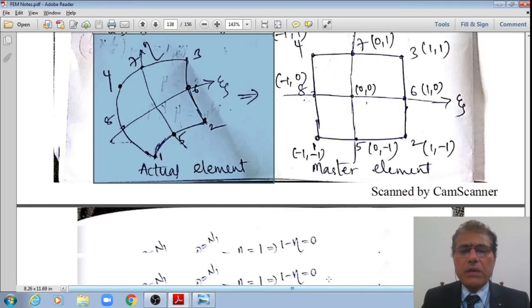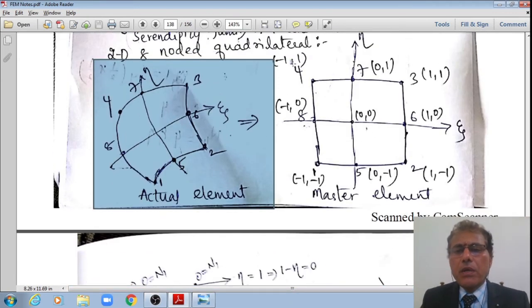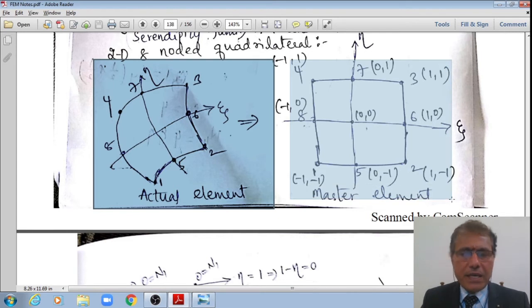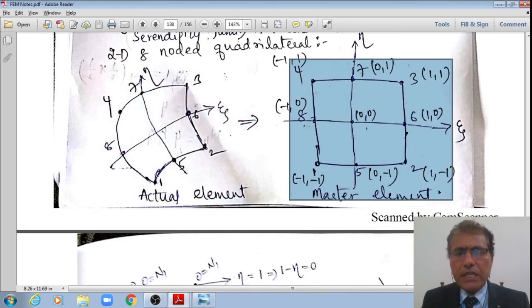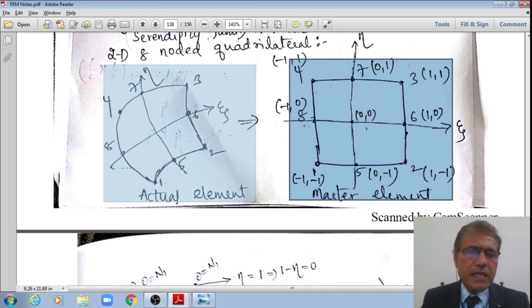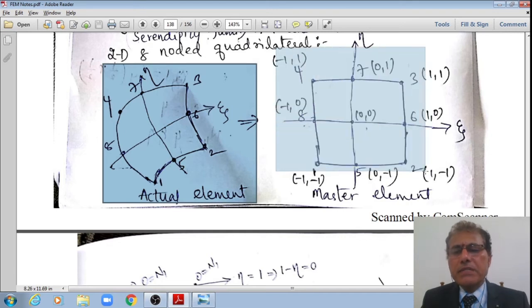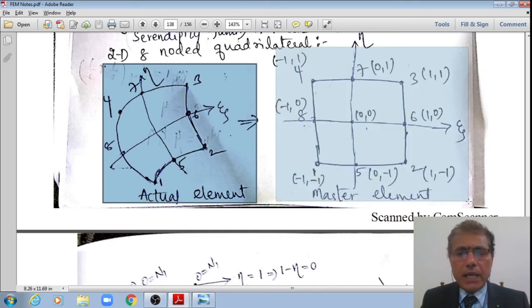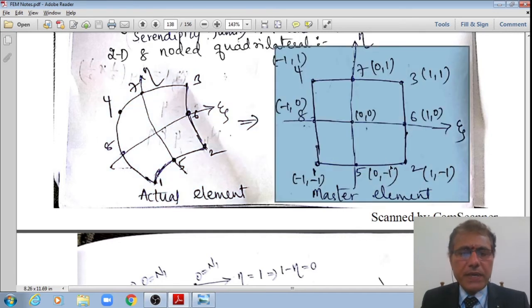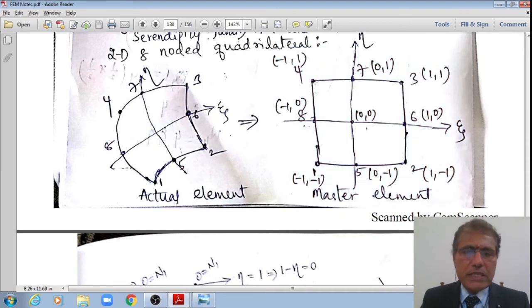Then this master element is actually a square. The actual element may be in the xy coordinate system, but the master element is in the xi eta coordinate space only, the local coordinate system only. This is perfectly a square, right?